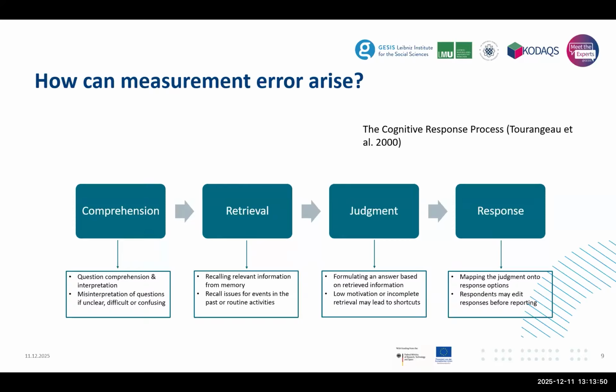Even if they went through all these stages and have their judgment and their proper response to a question, they may still choose to edit or adapt it, or not report it fully, again because of social desirability bias. So maybe they know how often they perform a stigmatized behavior, but they choose to edit and adapt that response to not reveal this undesirable information about themselves.